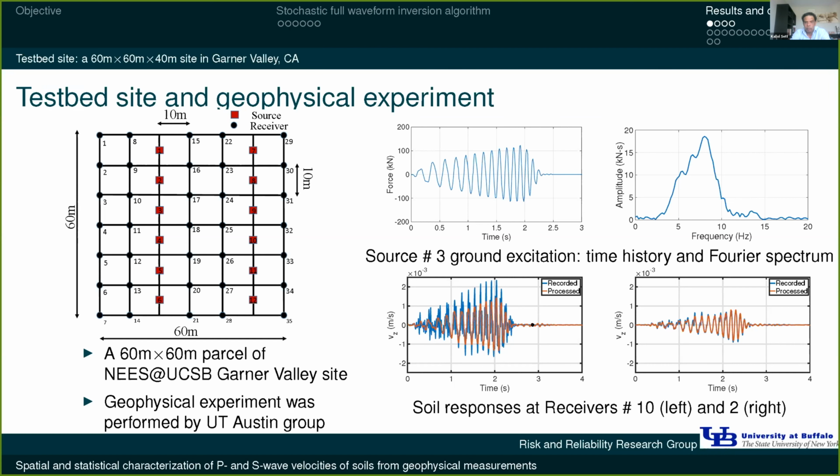In the bottom right, the soil responses at receiver 10 and receiver 2 are shown. As you can see, there are two colors here, red and blue. The blue one is the raw data, and the red one is the processed data. The UT Austin group removed the noise and shared the processed data with everybody.